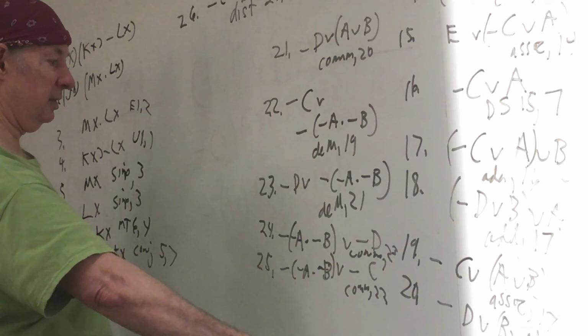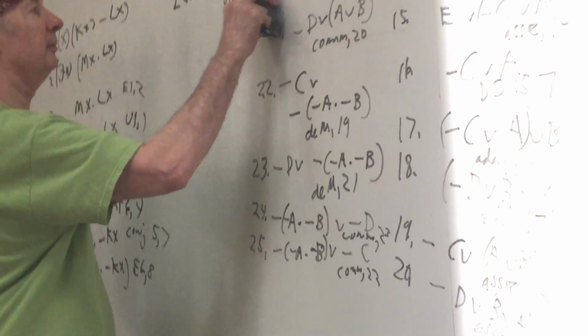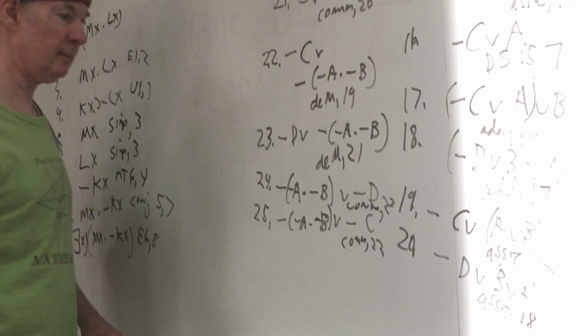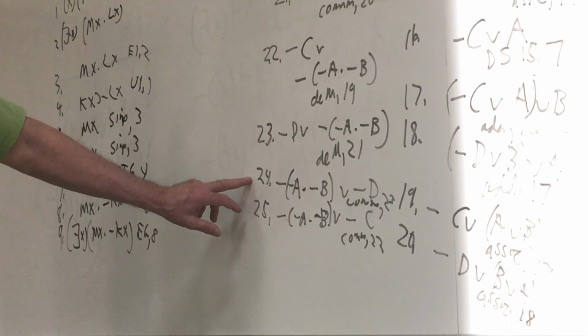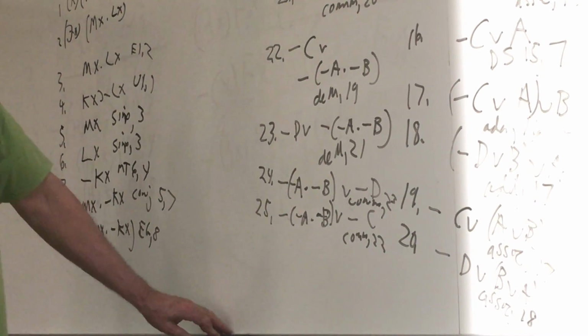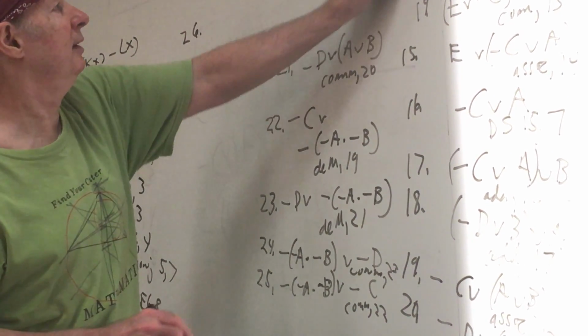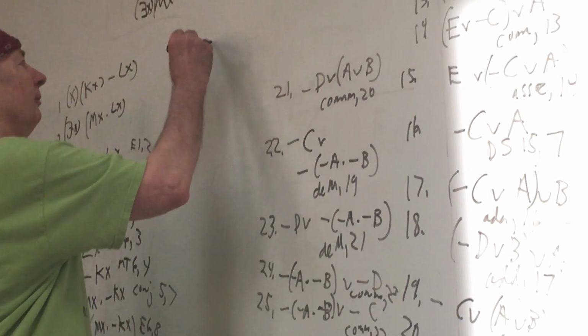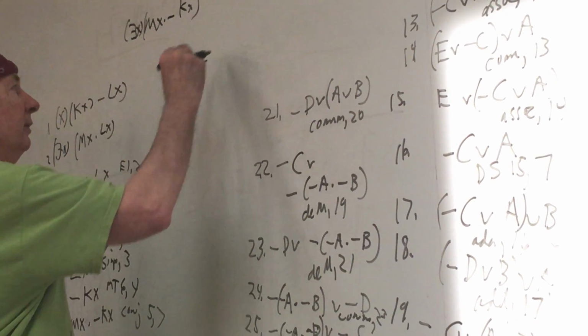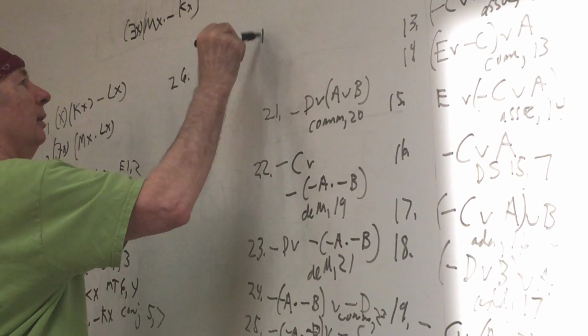Actually, all right, what am I doing? First, let me conj 24 and 25, and then I can distribute.